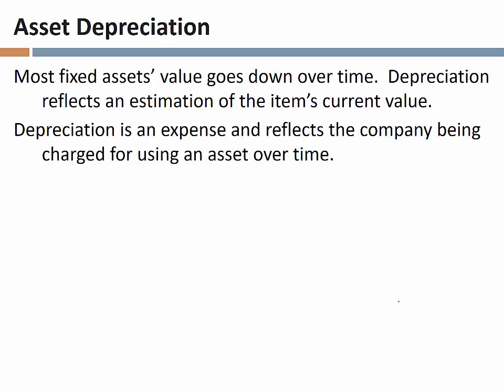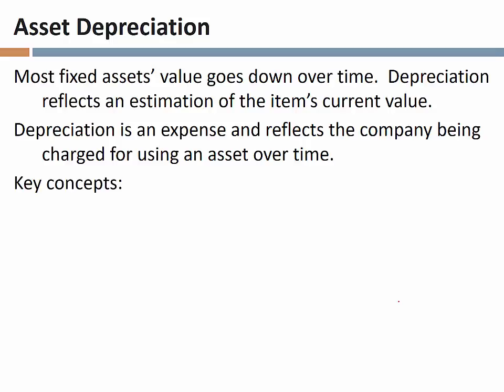That $500 difference is essentially going to be my charge for using that laptop for the last 6 months. So depreciation is an expense, and it basically reflects me being charged for using the asset over time.